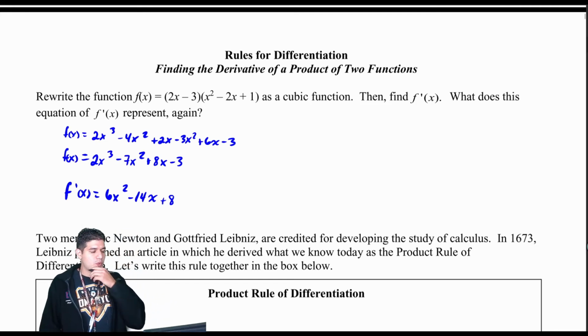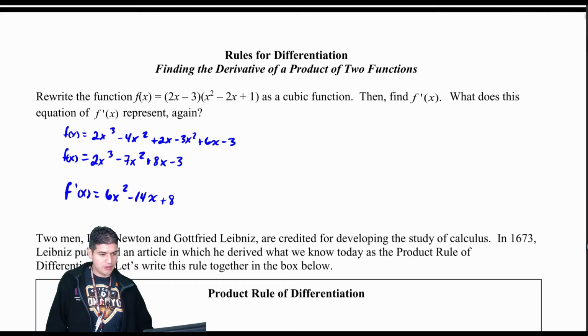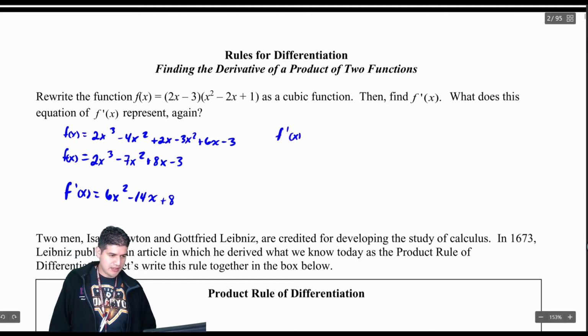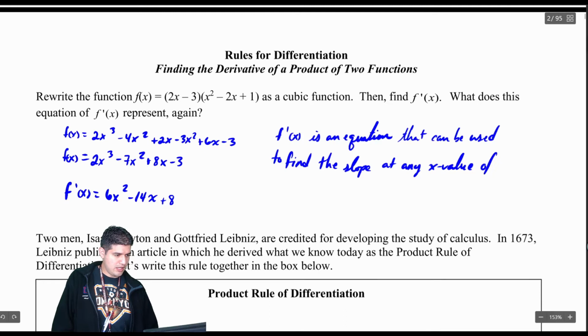All right, so what we want to think about is, what does f prime represent? So f prime of x is an equation that can be used to find the slope at any x value of f of x.